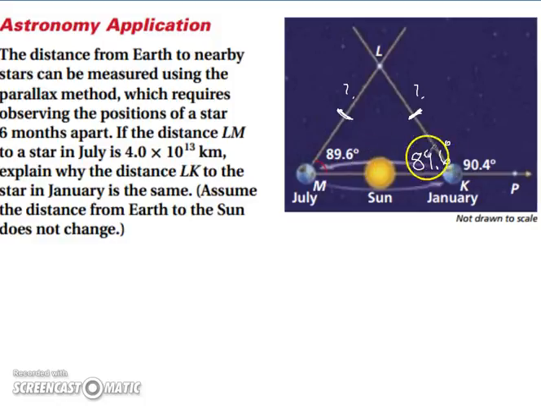Since base angles are congruent, using the converse of the isosceles triangle theorem, we can state that ML and LK must be congruent. So LK is also 4.0 times 10 to the 13th kilometers.